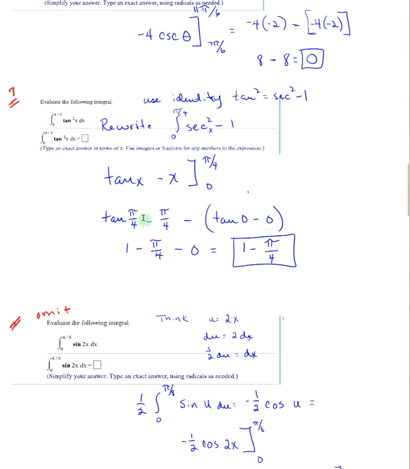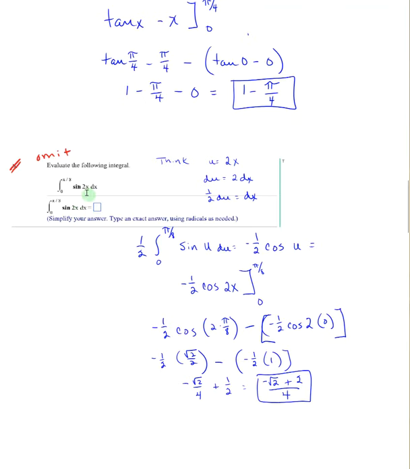All right, so tan of pi over 4 is 1 minus pi over 4, minus tan of 0, which is 0, minus 0. This whole thing does go to 0, but we had to plug it in because it not necessarily would be that way. It does happen that tan of 0 is 0. So we have 1 minus pi over 4 minus 0. That's just 1 minus pi over 4.